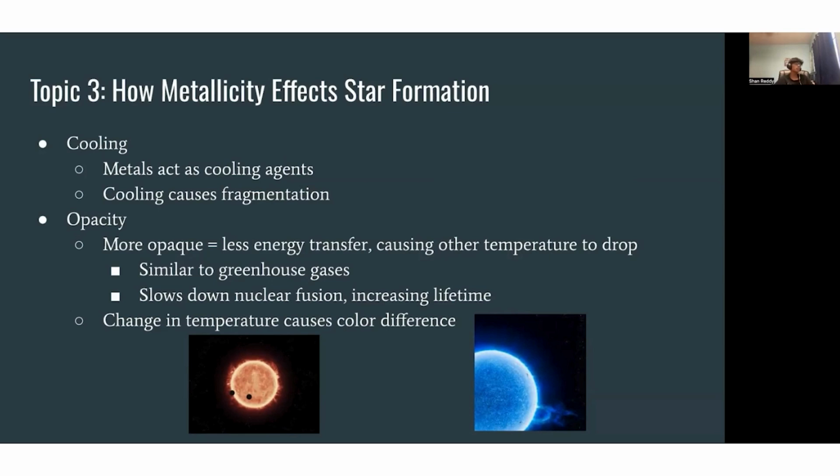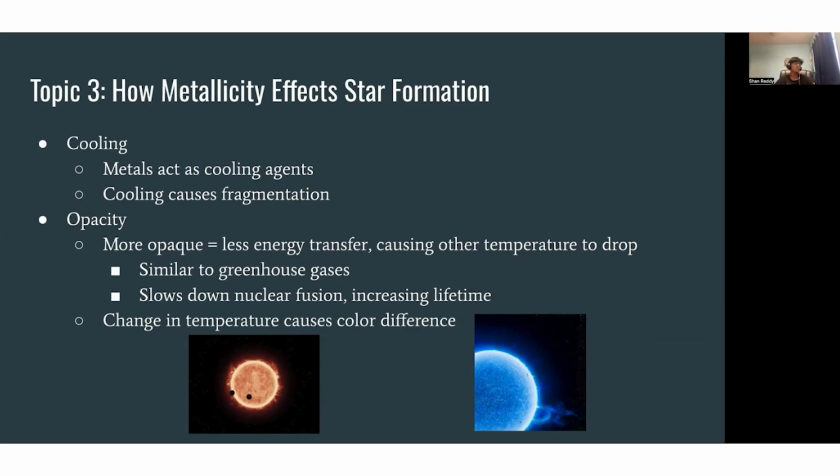Metals in a star also make the star more opaque, which causes less energy to be transferred within the star, causing the temperature to drop. This is similar to greenhouse gases on Earth, as on Earth, the greenhouse gases allow heat to pass through the atmosphere, but not leave. In the star, however, the metals don't allow the energy to enter the star.